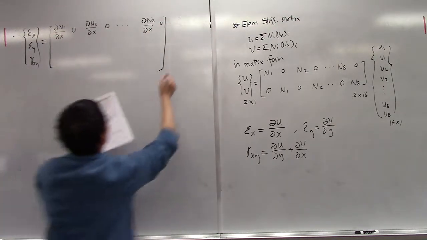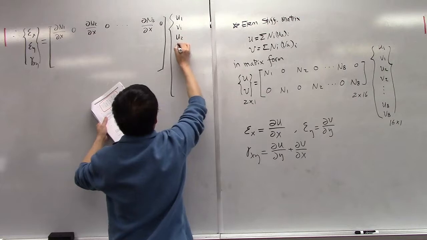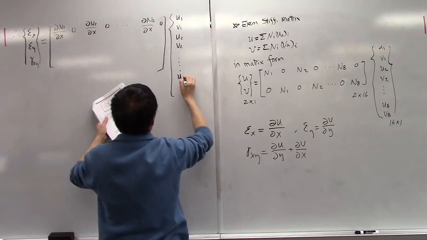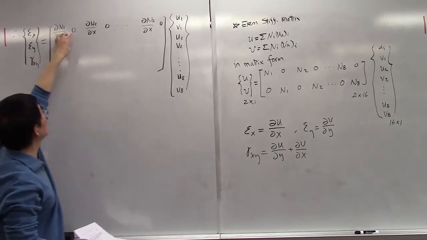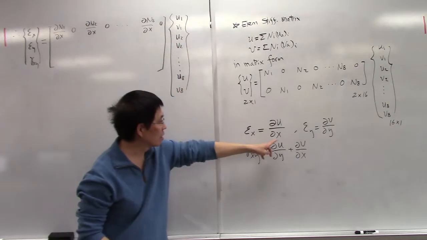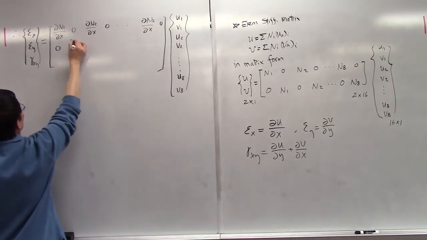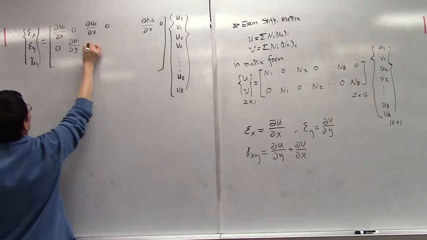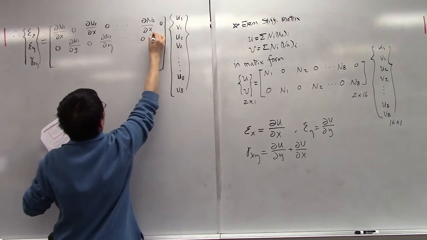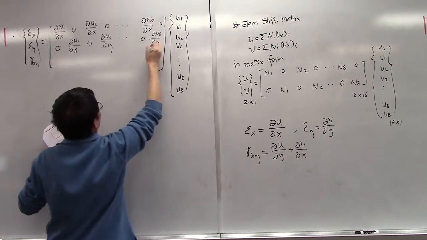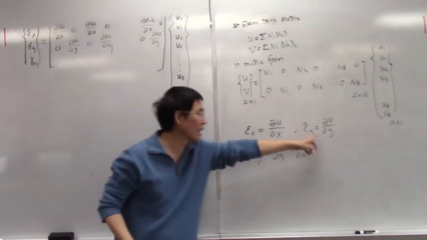Right? And here, correspondingly, we have u1, v1, u2, v2, up to u8, v8. You check, when you take this row and times the column, you get exactly that. And the second one, this is 0, this is partial N1, partial y, 0, partial N2, partial y, and so on, up to 0 and then partial N8, partial y. Again, finish the multiplication of the second row, and you get exactly that.